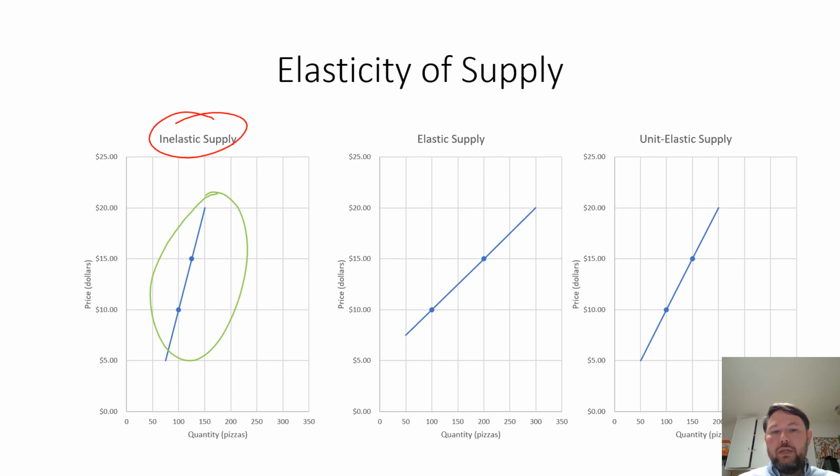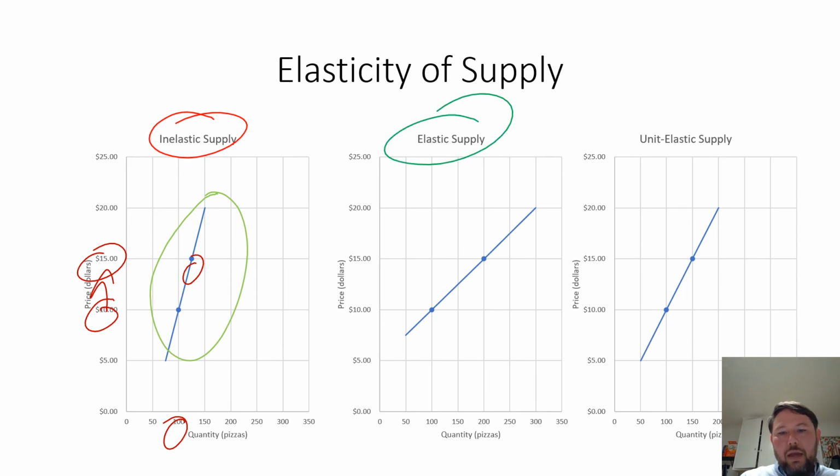It's not 100%, but that would be a visual clue that we are probably looking at inelastic supply. Again, because a change in price, for instance, going from $10 to $15, we only went from 100 pizzas to 125. Not a great increase in quantity supplied.